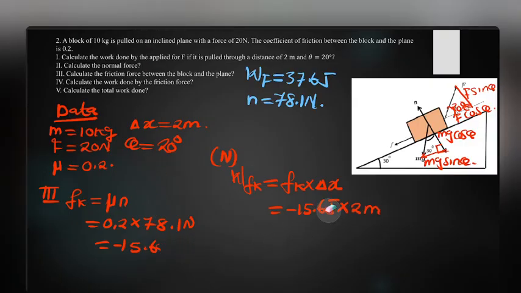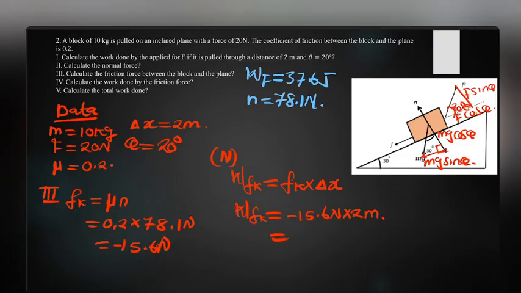So the work done by the friction force is the friction force, negative 15.6 newtons, multiplied by the change in displacement, which is 2 meters.